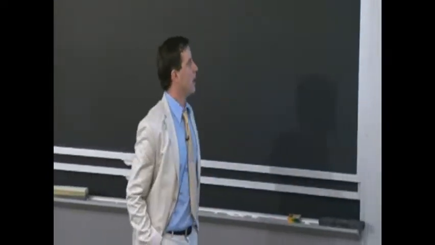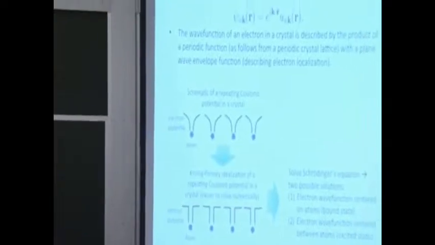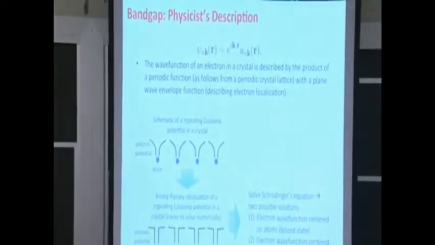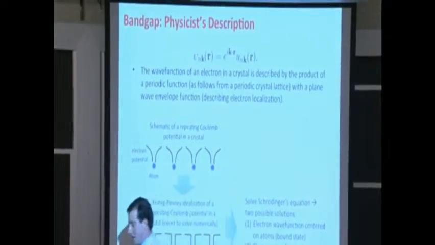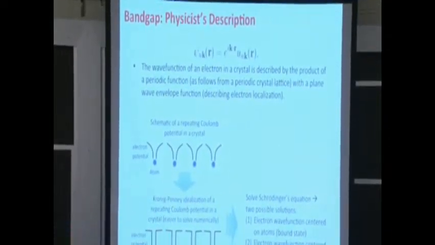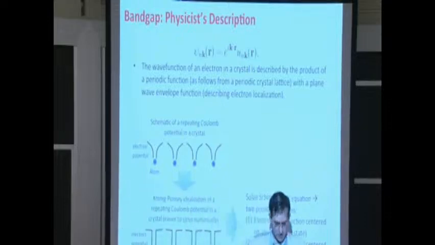OK, so another way of looking at this, which really builds on the folks who have had a more advanced physics background, is the wave function of an electron inside of a crystal. If you recall the wave function of an electron in free space, we have what is called the plane wave equation for the electron, right? It's this regularly repeating, nice, stable function.